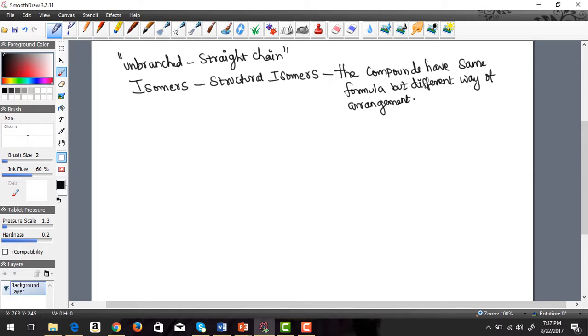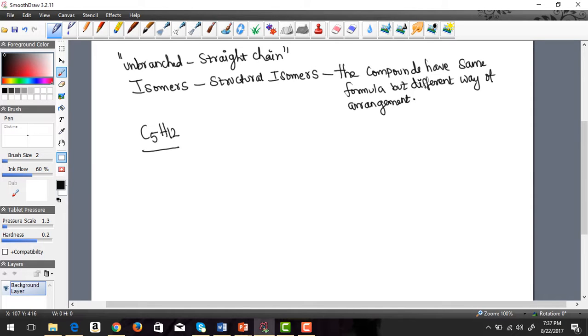So let's take one compound that we haven't tackled, which is C5H12. If you want, you can pause the video and write the structure in the condensed form, not the one where it's spread out.